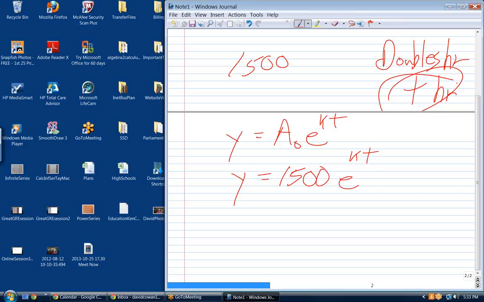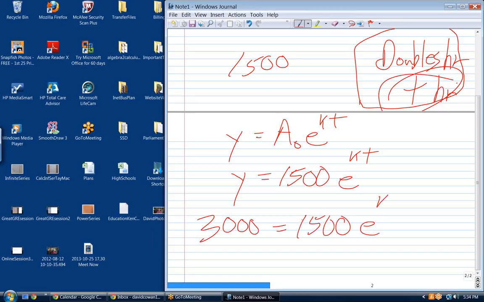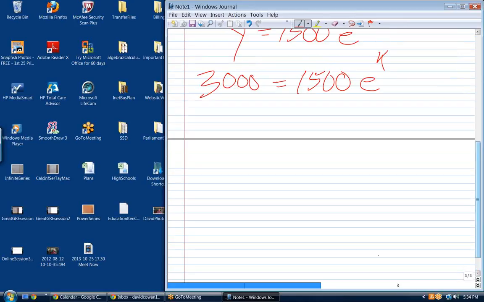They give us one additional piece of information, and that is that it doubles every hour. So it would be 3,000 equals 1,500 e^k. Solve for k, and then we'll have our specific equation for this model.